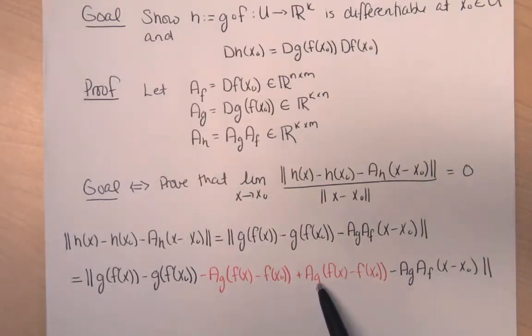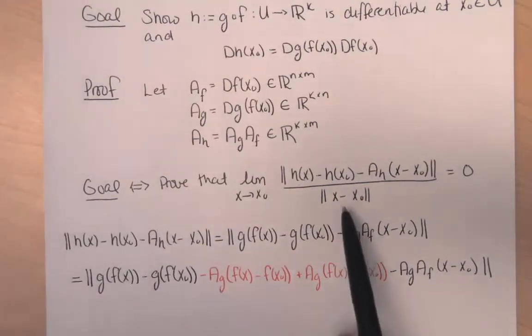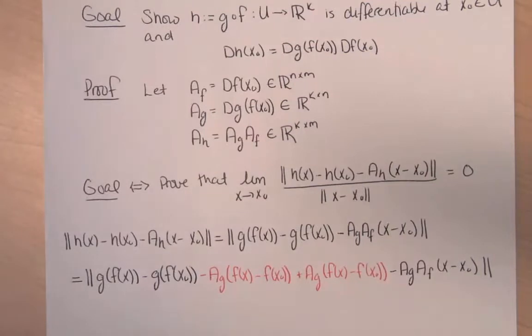Here, if I factor out AG, I get exactly the numerator of the derivative limit for f. So we can see that we're on our way to showing that this entire limit, when I divide by x minus x naught, is going to give me 0. But of course, there are some details that we need to take care of.